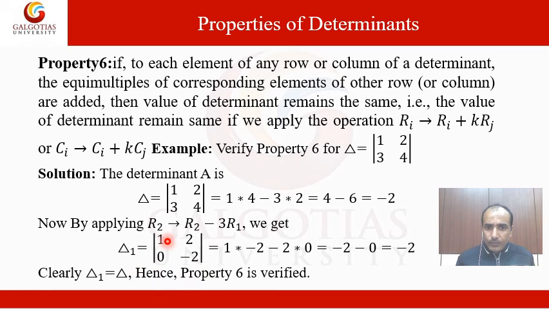Now find the value of this determinant. We get again minus 2. So it is clear, without applying any operation we get the value of the determinant as minus 2, and after applying property 6 we again get the value of the determinant as minus 2. So both determinants' values are equal. So property 6 is verified, and this is a very important property for finding the determinant.